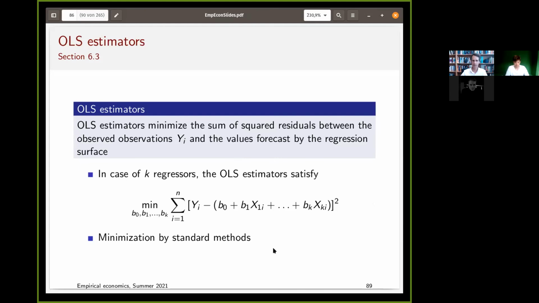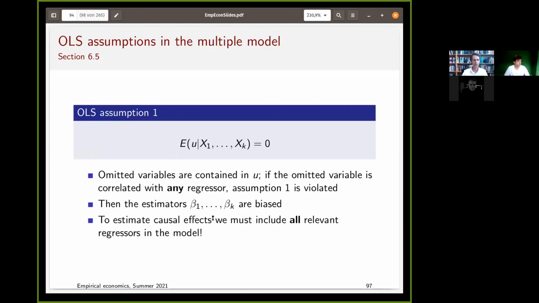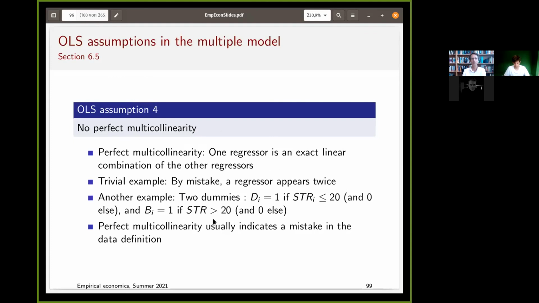So the OLS estimators just cannot be computed for technical reasons, because the minimization approach involves a linear system of equations. And this equation system cannot be solved if we have multicollinearity. So in that case, it's technically impossible to compute the estimators.